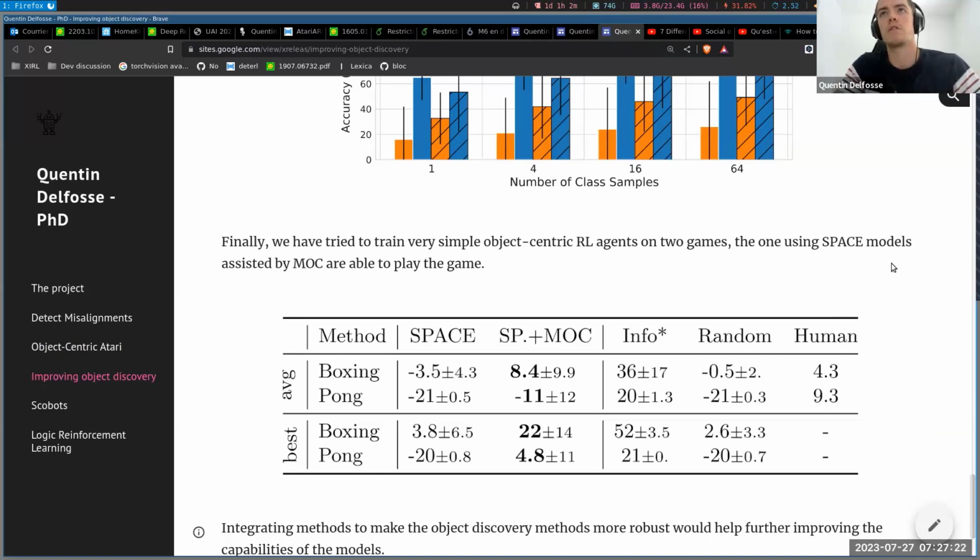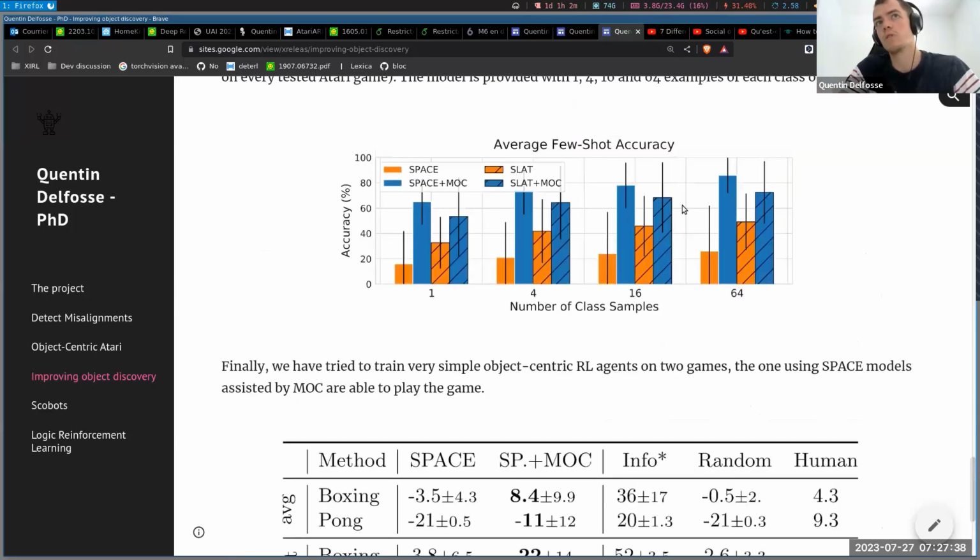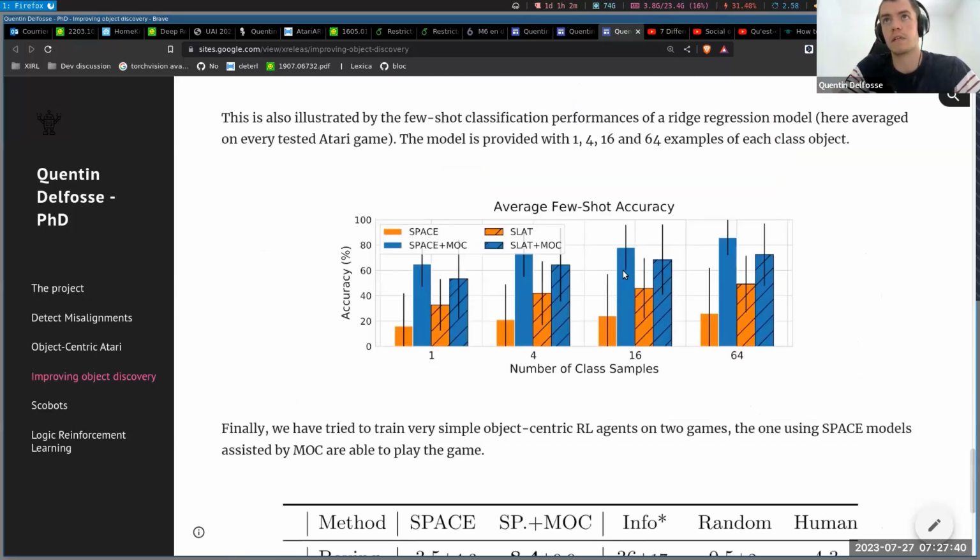But so far, it's the first option. We first train the reinforcement learning policy and the object detection separately, and we didn't train both at the same time. But the nice thing about this framework is that we train the object recognition unsupervisedly.